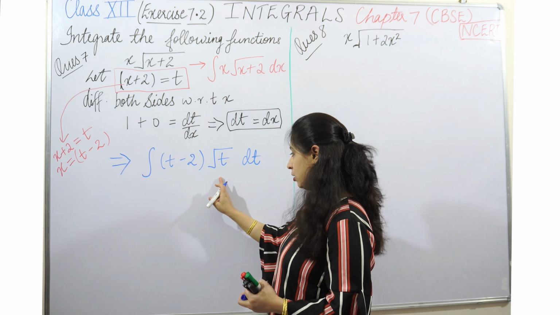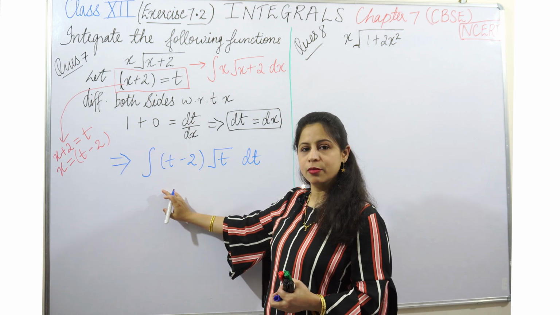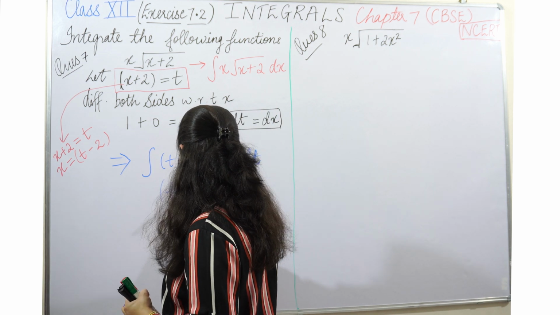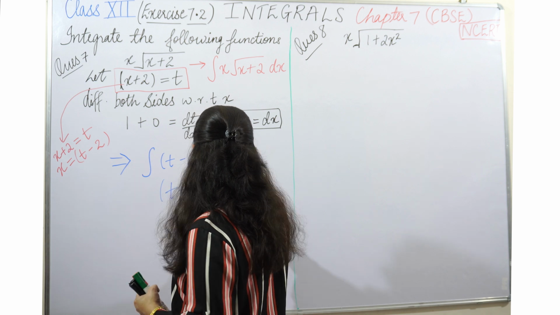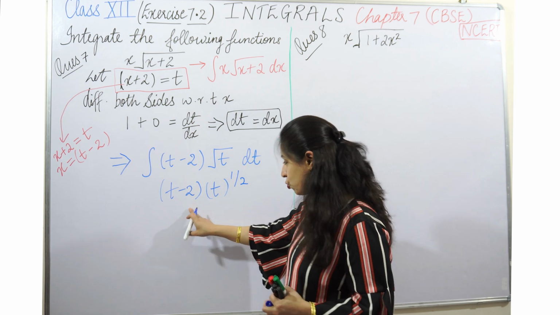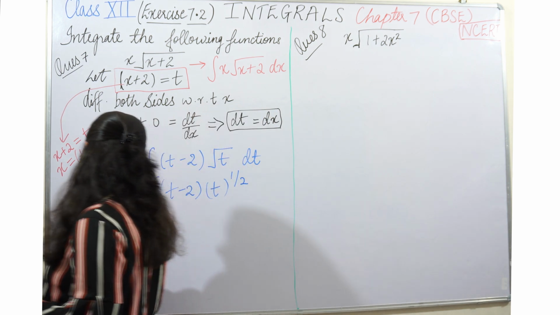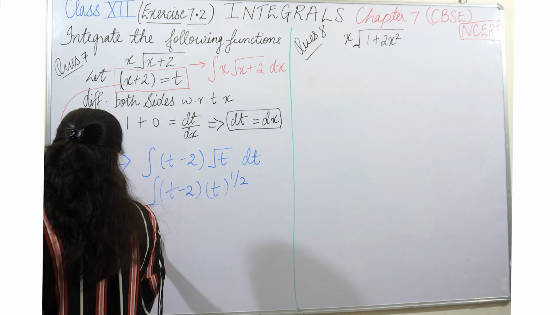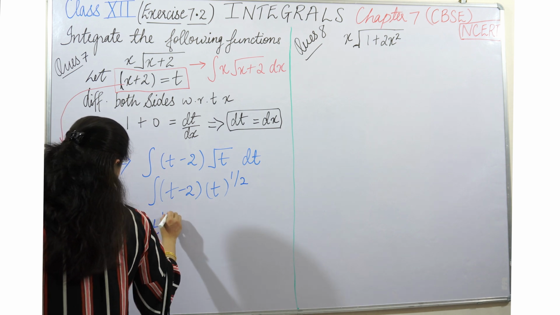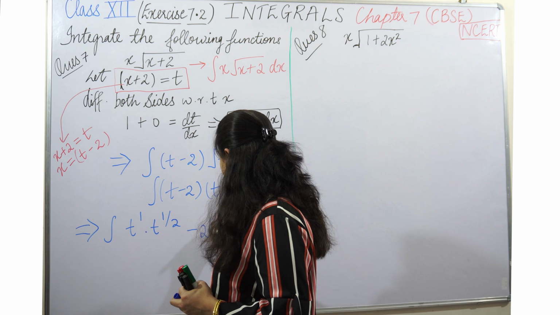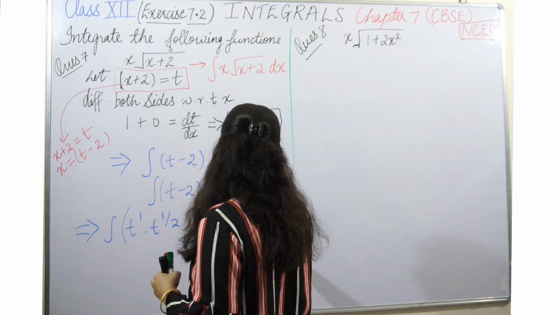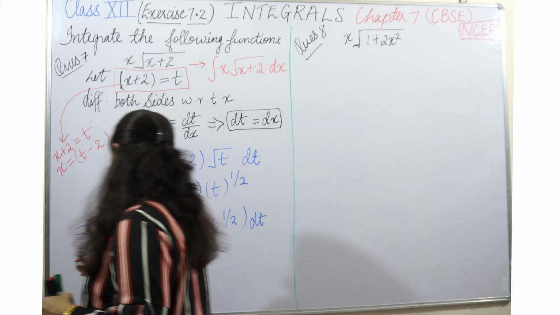First we will take all the terms separately. Under root t becomes t to the power 1 by 2, and it will get multiplied with both the terms, t as well as 2. So we are integrating t to the power 1 into t to the power 1 by 2 minus 2 t to the power 1 by 2, with respect to t.